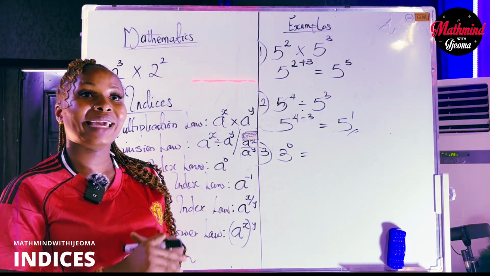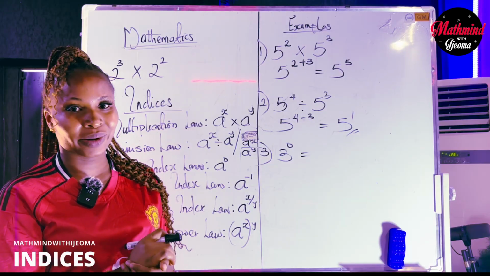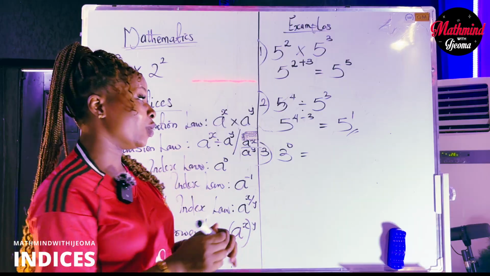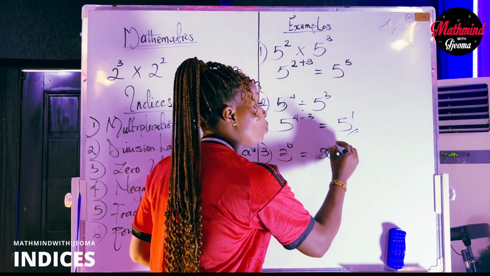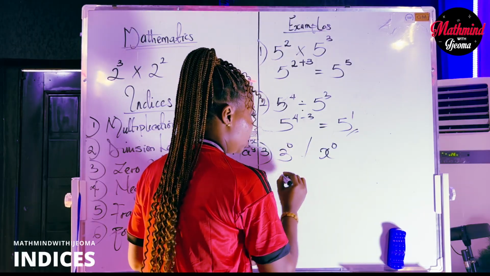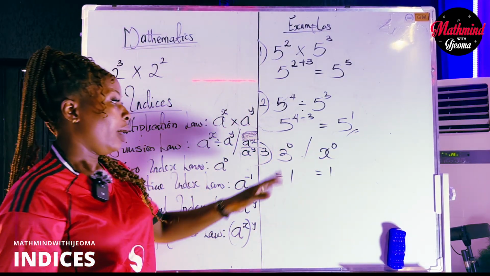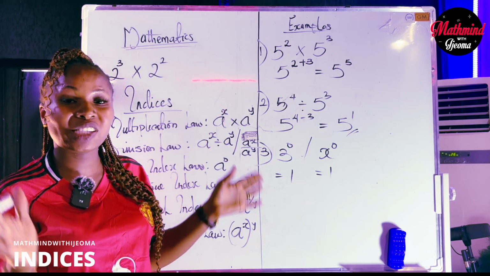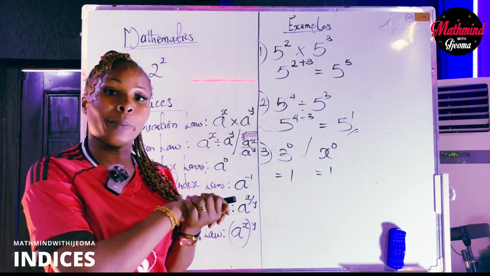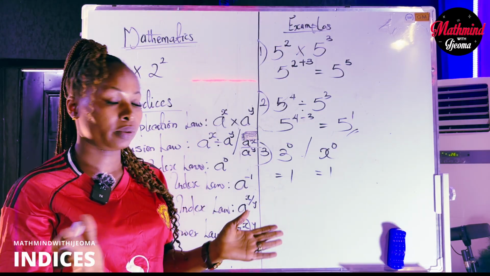That is why in mathematics generally, anything you raise to power 0 is 1. Even alphabets, it will surprise you to know that x raised to power 0 is also 1. So this is 1, this is 1. So anything at all raised to power 0 is 1. It is a law gotten from indices, but it applies to mathematics in general.